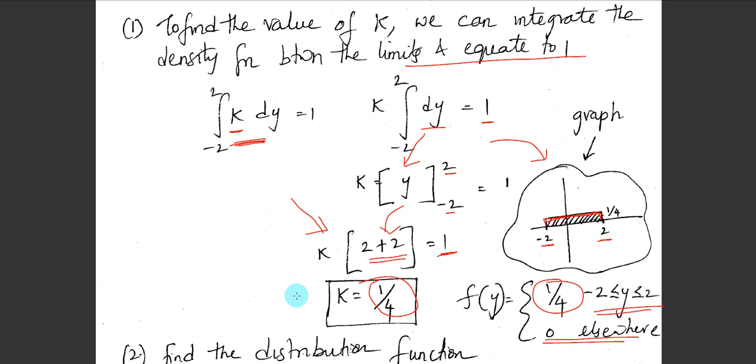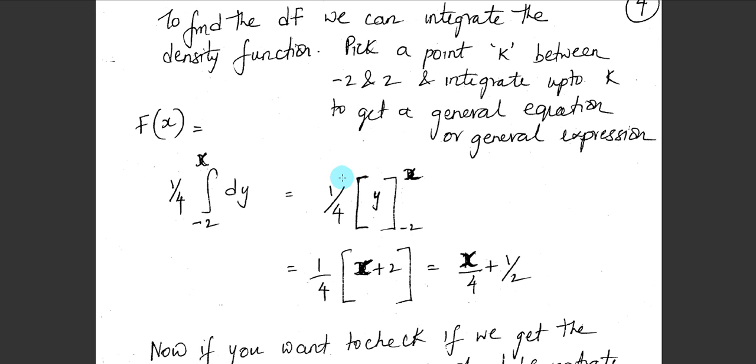Our next step is to find the distribution function using the given density function. To find a distribution function from a density function, if you remember, we had to integrate. So we pick a point x, not k. Let's pick a point x between -2 and +2 and integrate up until that point x to get a general expression. In this case, I want to take f of y and integrate that from -2 up until x.